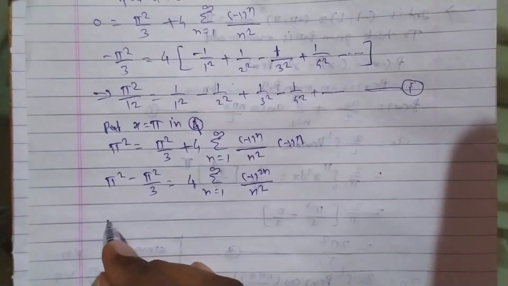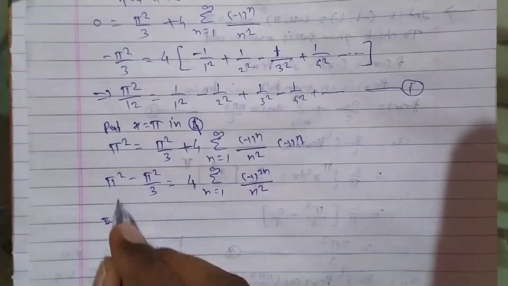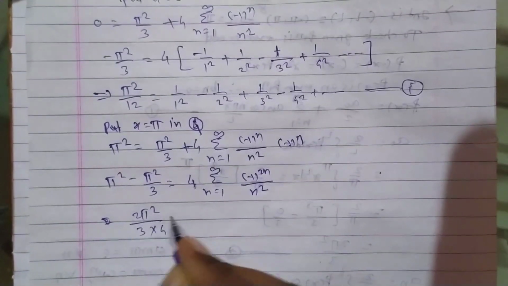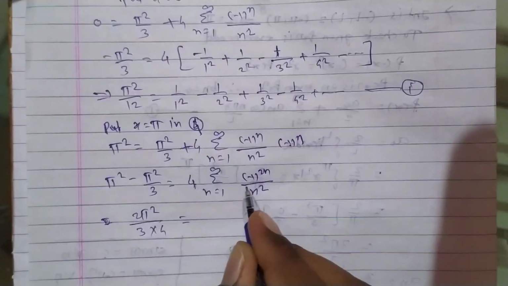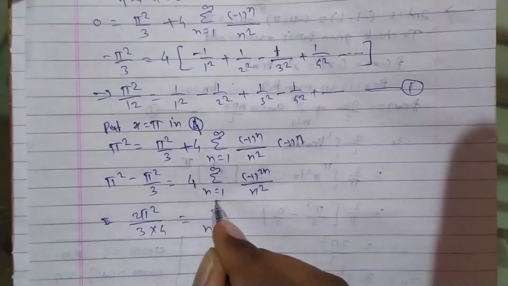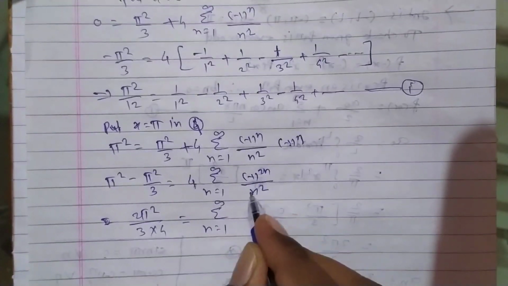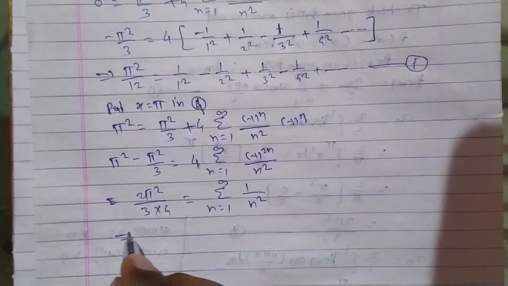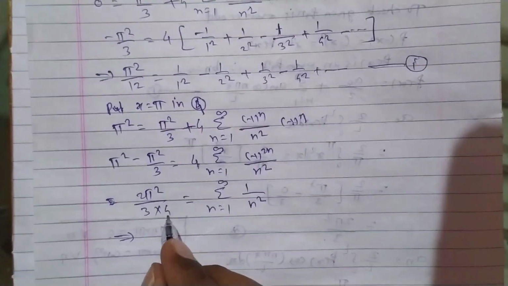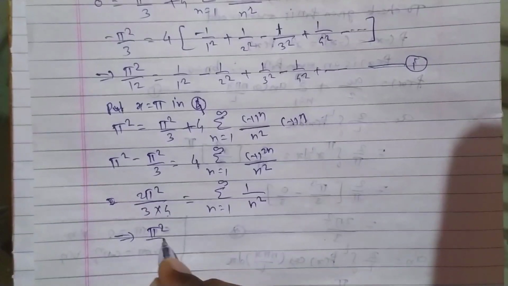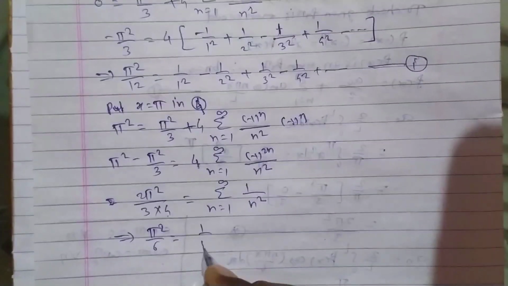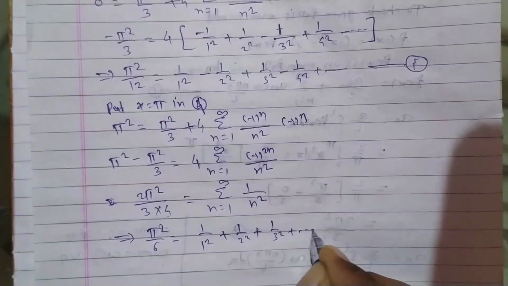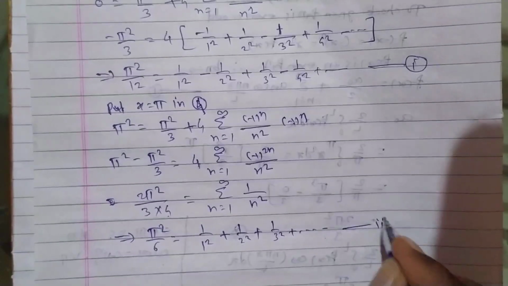So pi square minus pi square by 3 is 3 pi square minus pi square, that is 2 pi square by 3, is equal to 4 times summation of n varies from 1 to infinity minus 1 raised to 2n, an even power, that is 1, so 1 upon n square. After simplification, 2 by 4 is 1 by 2, into 3 is 6, so pi square by 6 is equal to 1 upon 1 square plus 1 upon 2 square plus 1 upon 3 square plus so on. So this is the second condition.